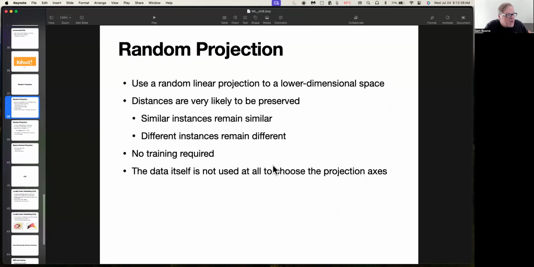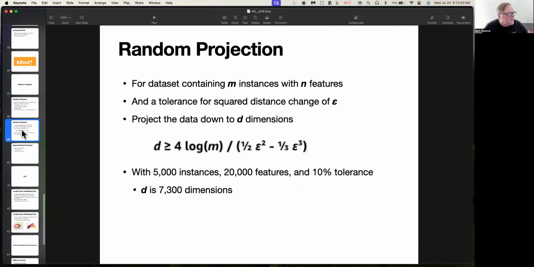You can do random projection, where you just use a random linear projection. And that's easy to do. You're going to catch a random amount of the variance, but that's one way to do it. You don't use the data at all. You just project it down to a lower dimension. There's mathematics of this. You can shrink the dimensions quite a lot that way, but you are losing some of the information.